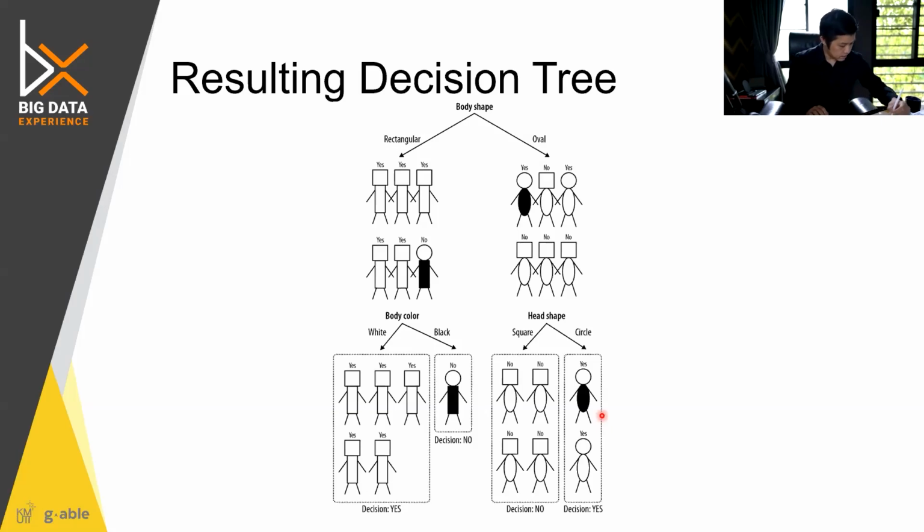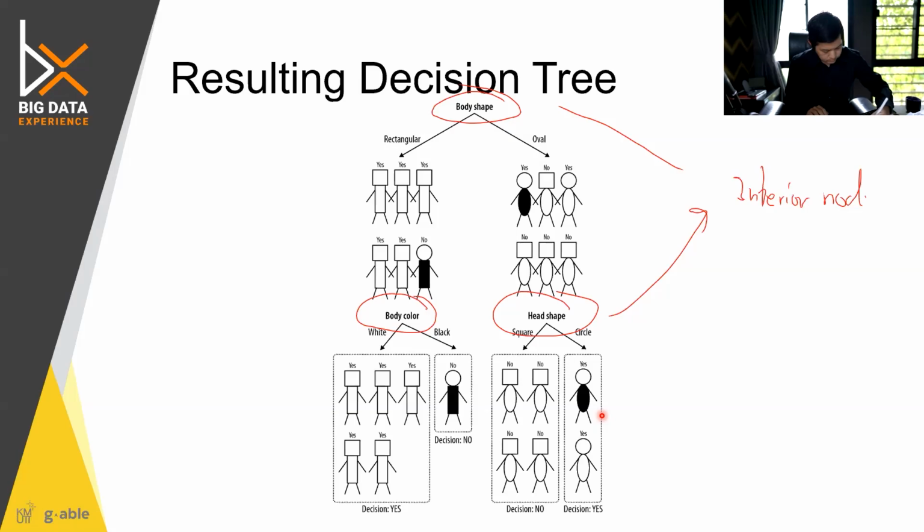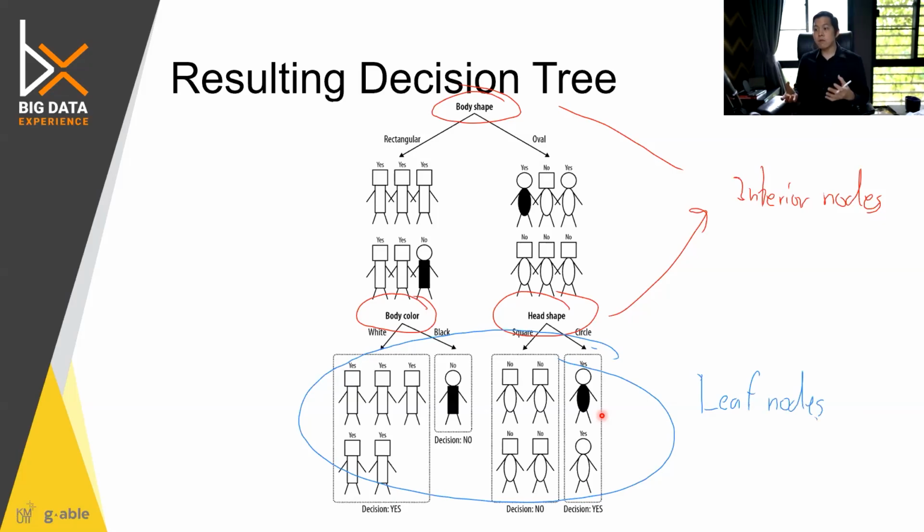So we would have this as the interior node, and we have this as the leaf node. The leaf nodes contain the segments. Interior nodes contain the variables that we use to make segmentation. Right. So this is how a decision tree works.